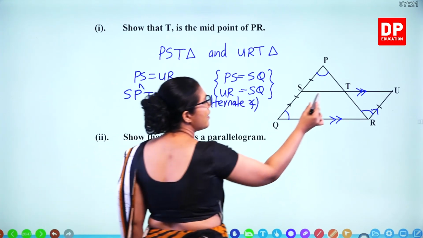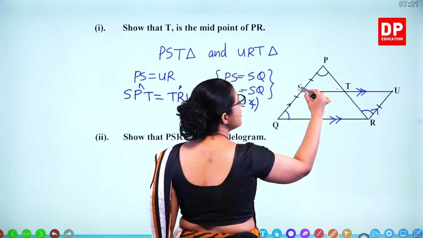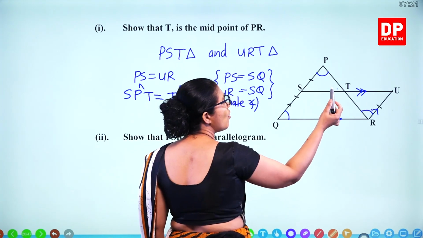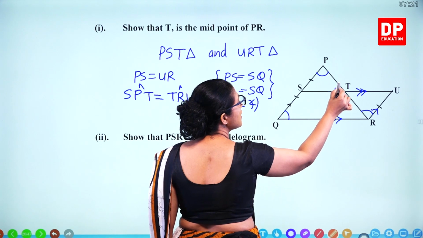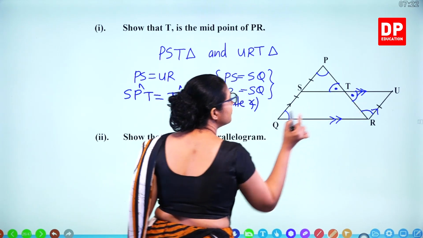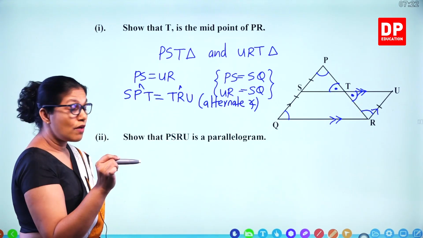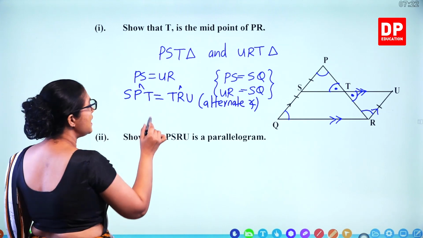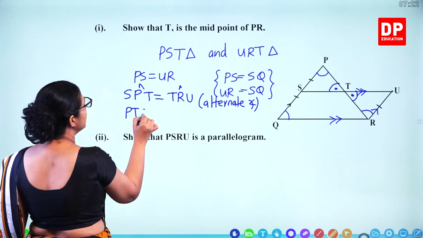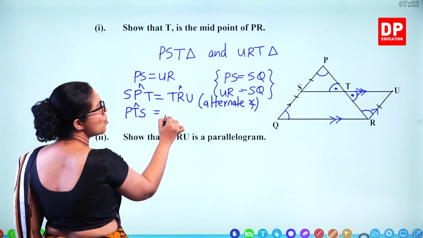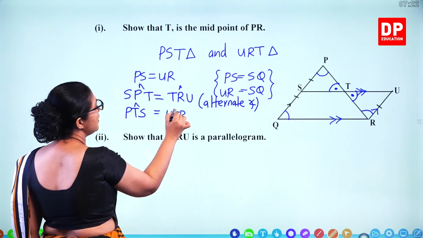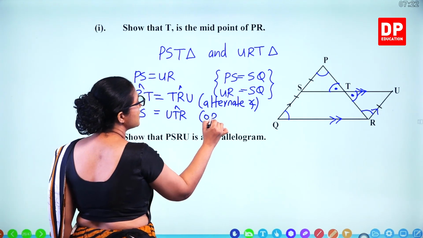And also, these two angles are equal because of opposite angles: angle PTS is equal to angle UTR, opposite angles.